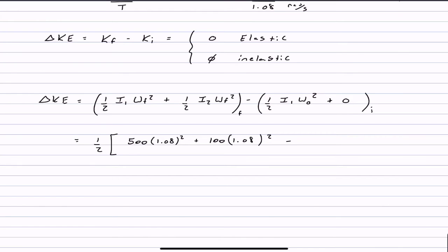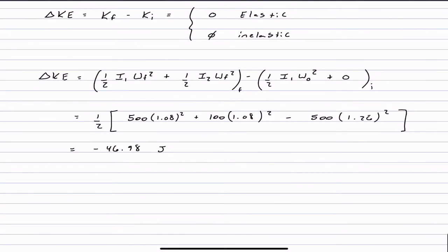Minus 500 for the wheel times the initial speed, we'll call it 1.26. Let's be a little more careful here. Okay, and this actually gives us a change in kinetic energy of negative 46.98 joules. We say it's approximately 47 joules. We lost about 47 joules, right?